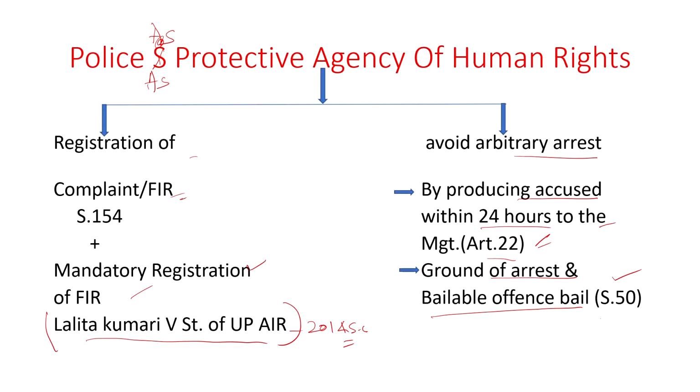When the father of Lalita Kumari went to the police station for registration of FIR, the police officer refused to lodge FIR. Being aggrieved, he approached the superintendent of police, where he wanted to give information about the missing of his minor daughter.